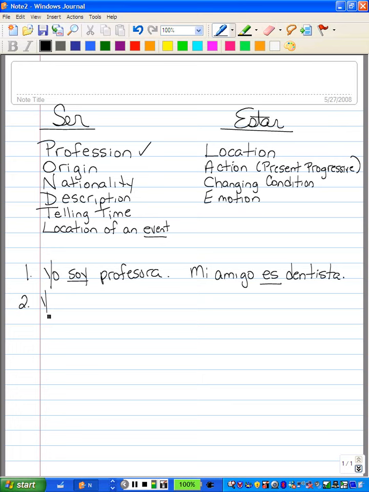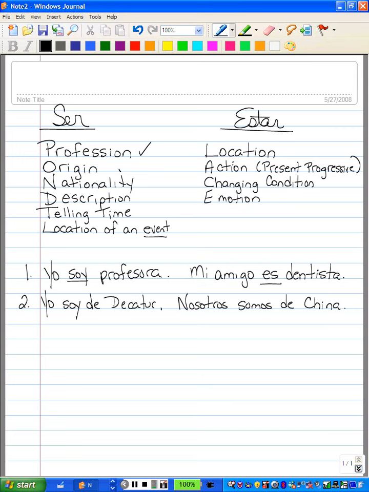You made sentences that said, yo soy de Decatur. I am from Decatur, or you would say, nosotros somos de China. We are from China.